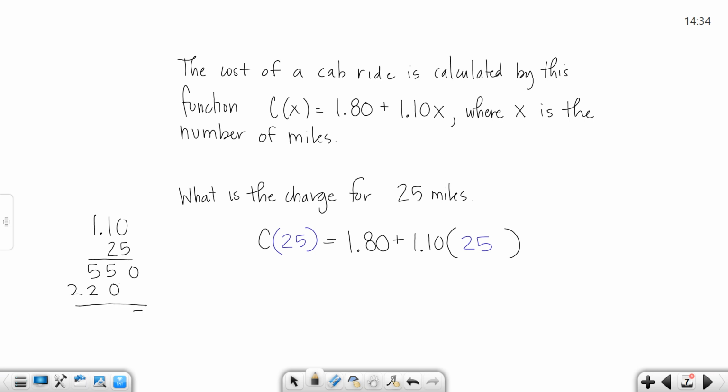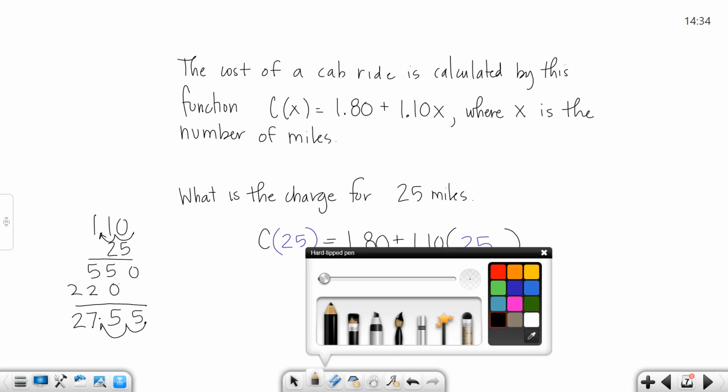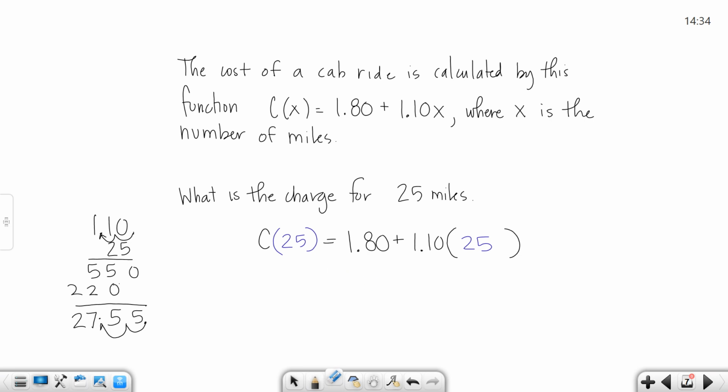So we get 5, 5, 7, and 2. And I see this is 1, 2 places. So 1, 2 places. So this is going to be 1.